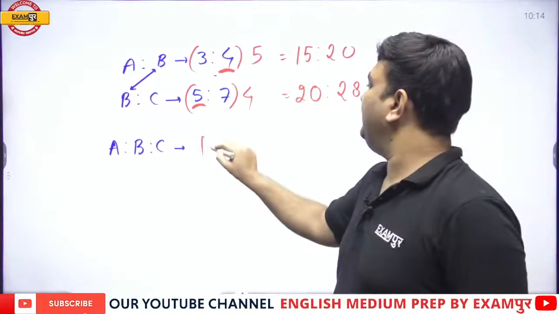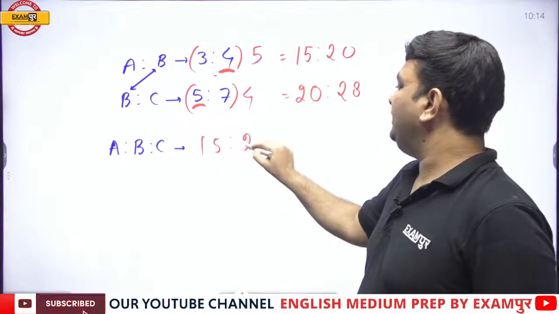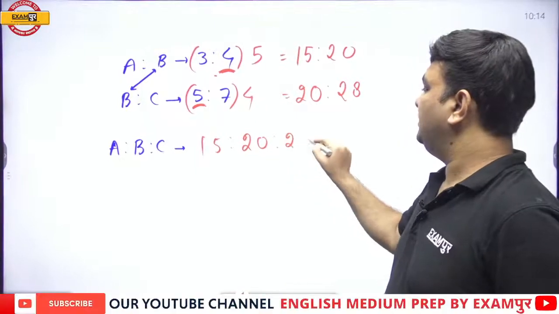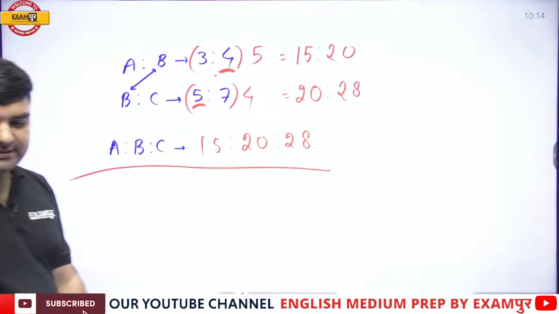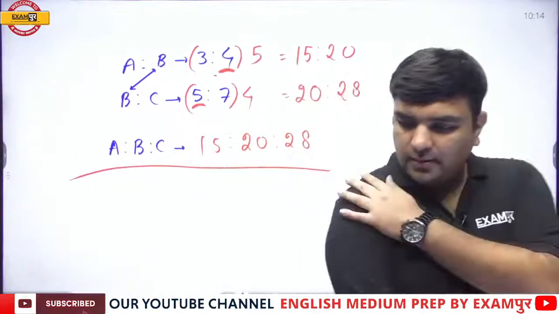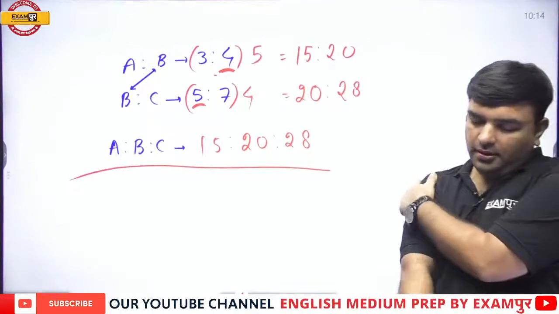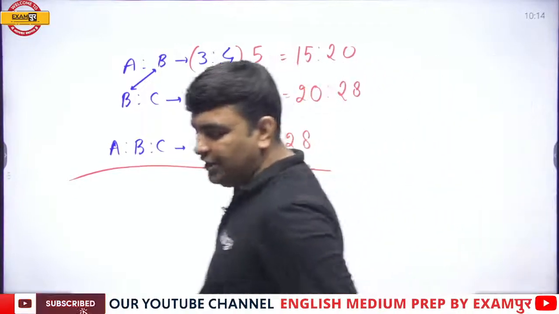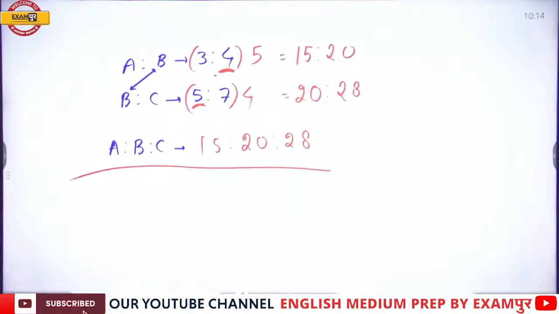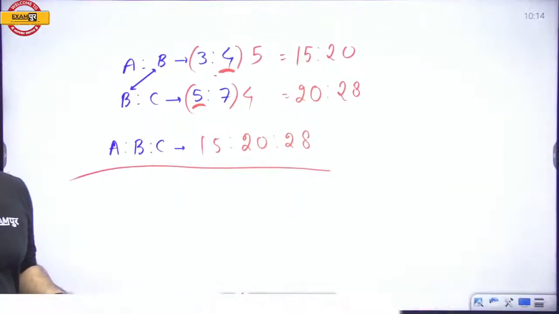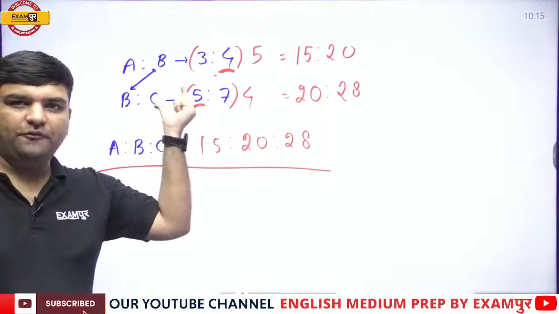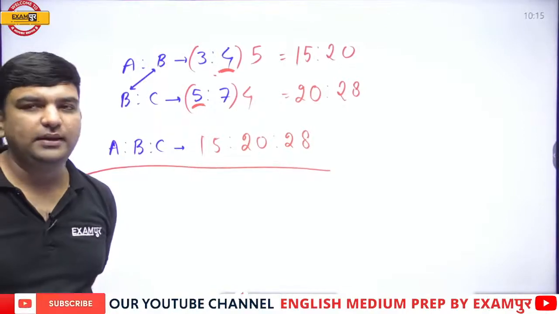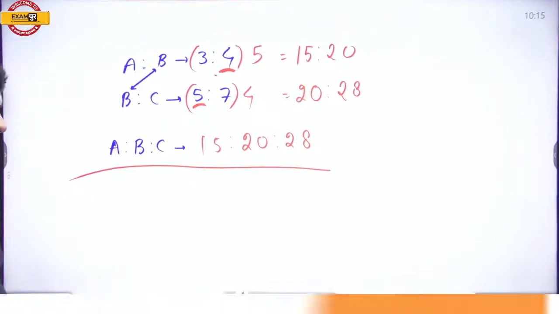So A is 15, B is 20 and C is 28. Guys, is it absolutely fine? So ratios can be connected provided there is a connecting link, and there was a connecting link of B. So these two ratios can be easily connected. As simple as this.